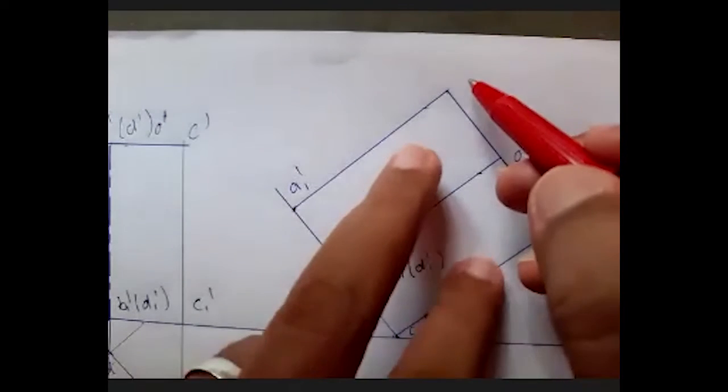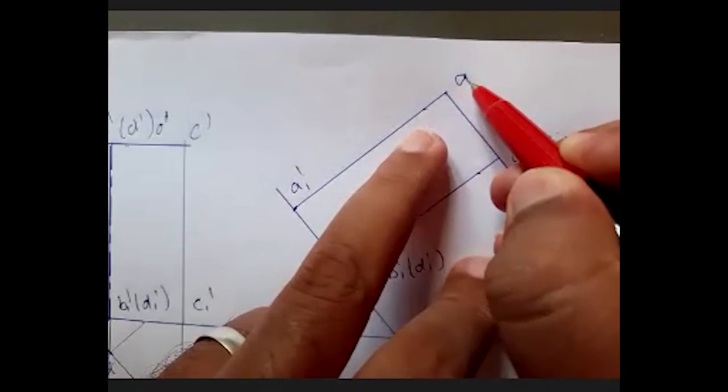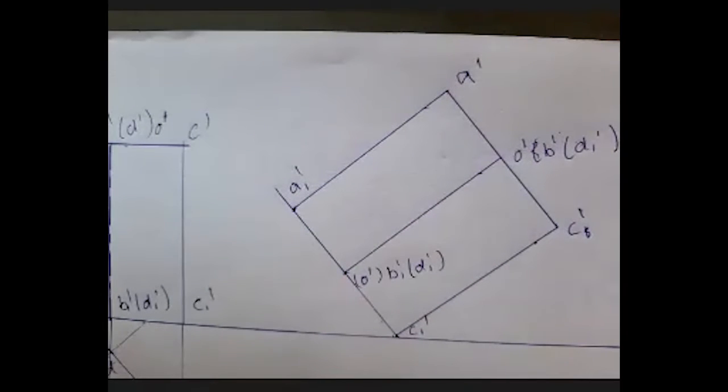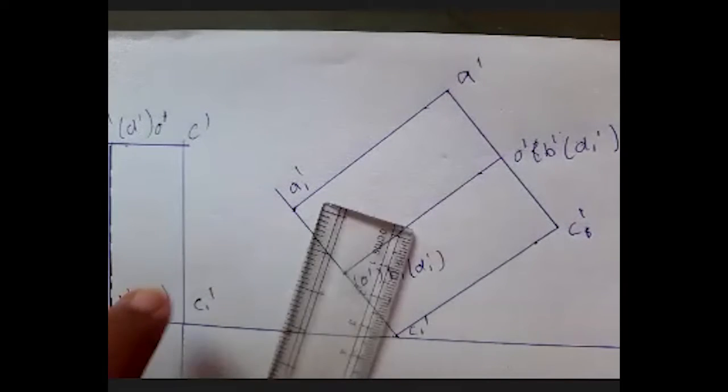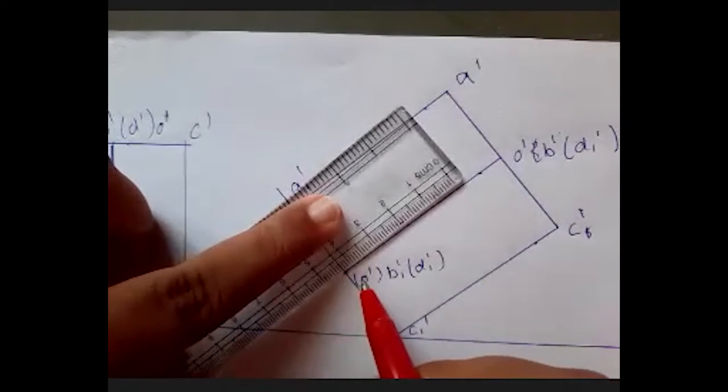Then this point is A dash. So this is my axis.